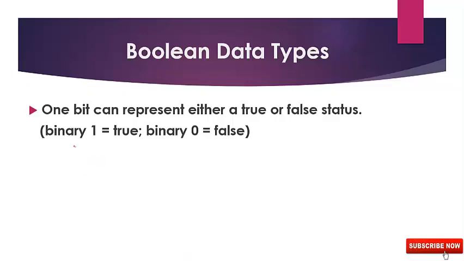And it uses 1 bit to store the value. Here, 1 bit can represent either a true or false status. Binary 1 equals true and binary 0 equals false. This is about Boolean data types.